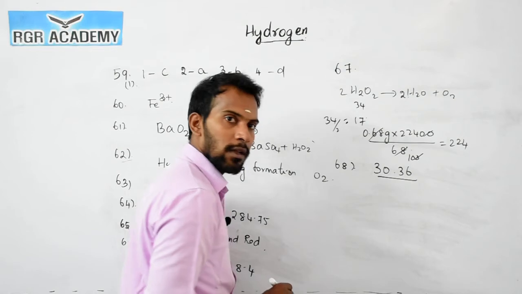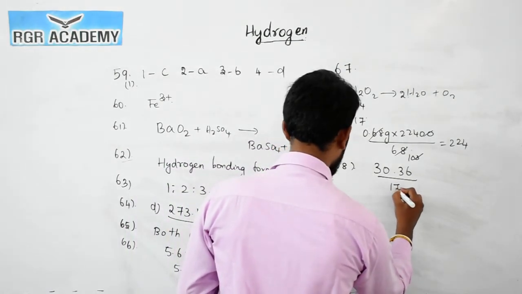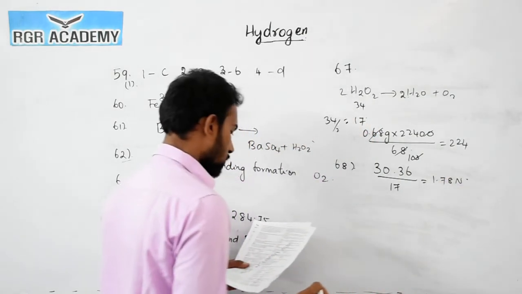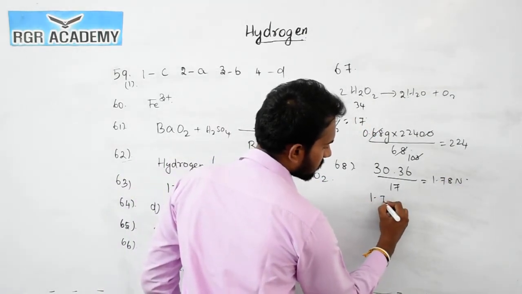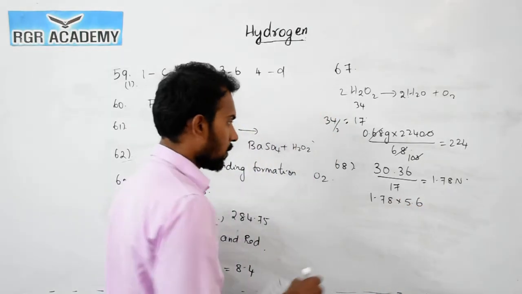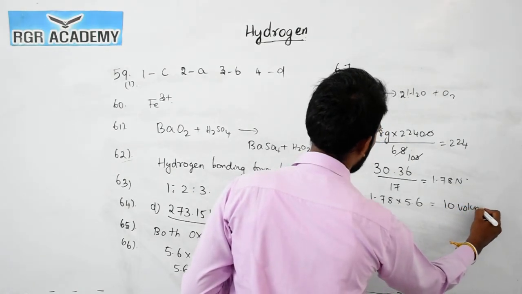So the value is 17. 30.36 divided by 17 gives 1.78 normal. Then we multiply 1.78 into 5.6, and we get the approximate volume, 10 volume, which is the right answer.